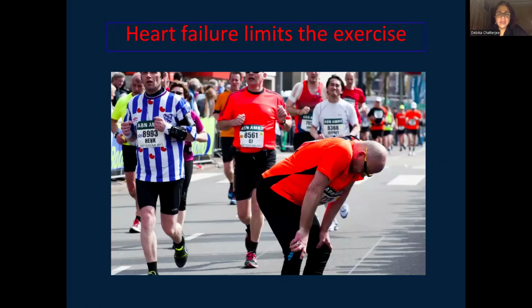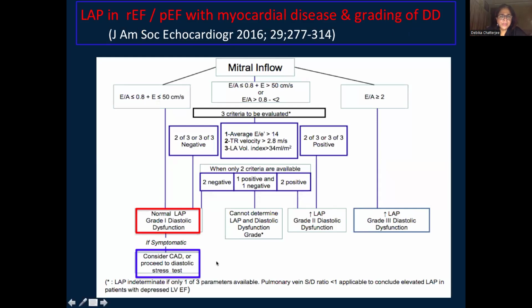The patient cannot walk up to a certain distance. This is because the patient goes into heart failure.